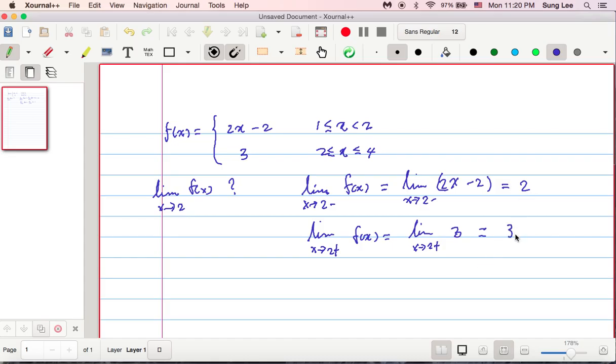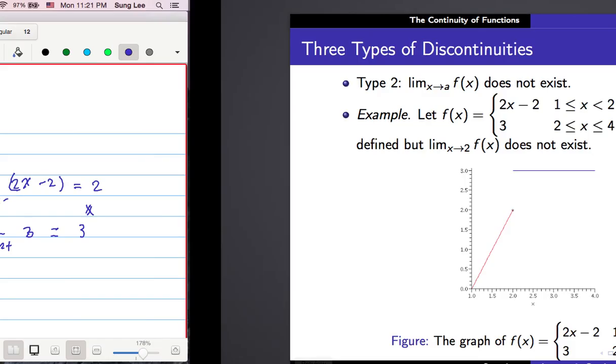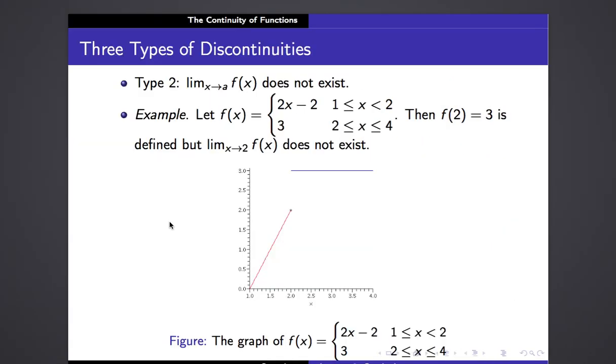So what do we have here? The left-hand limit and right-hand limit are not the same. So the limit of f of x when x approaches 2 does not exist. Okay, does not exist. So when this happens, as you can see from the graph, this is the graph of our branch function, right?